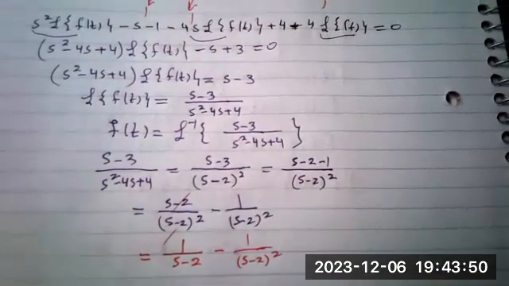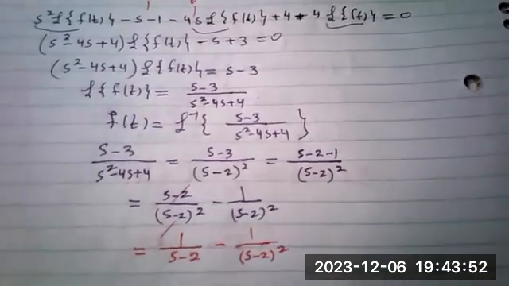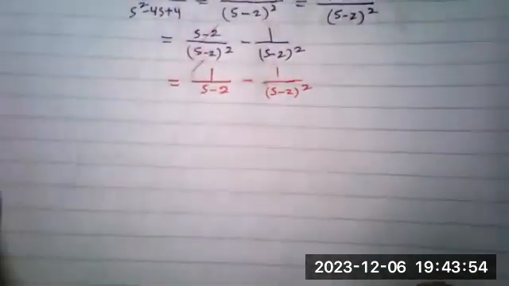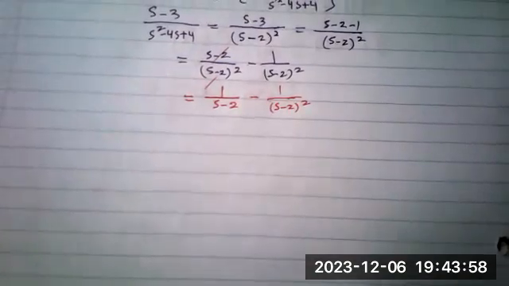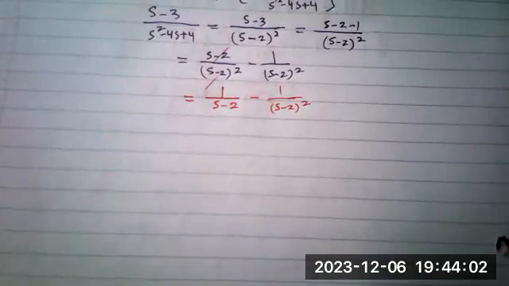We are going to use the translation theorem to get the second one. The first one is easy. 1 over s minus 2 is going to be e to the 2t. For the second one, you can call s minus 2 to be s. It's 1 over s squared.